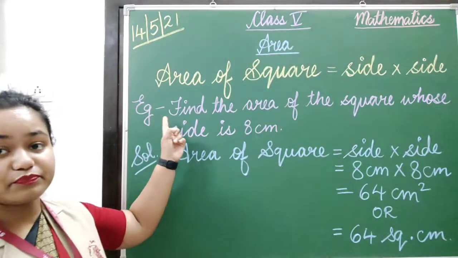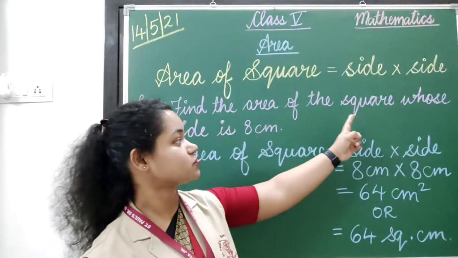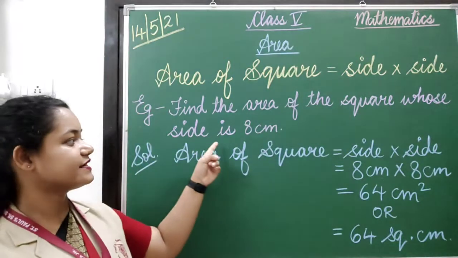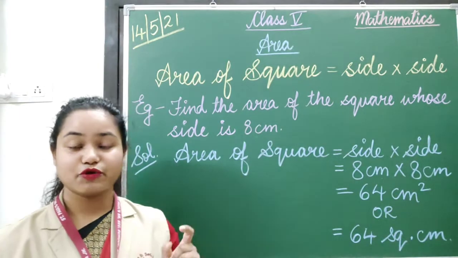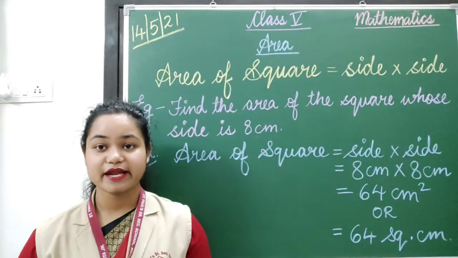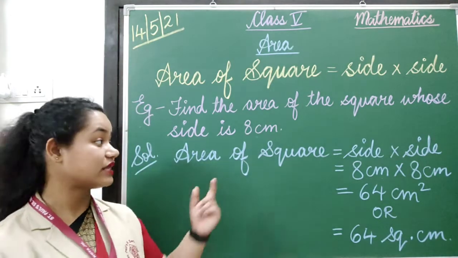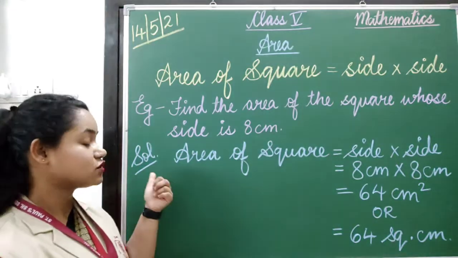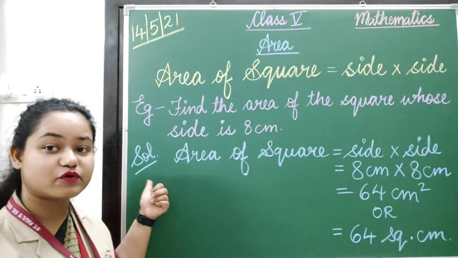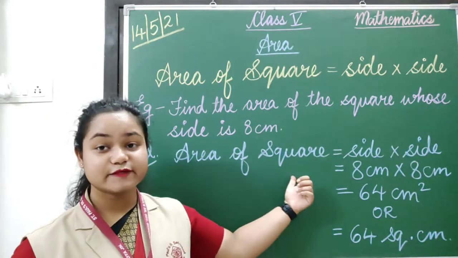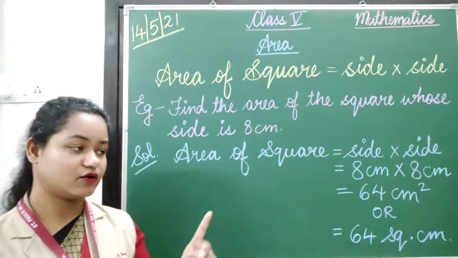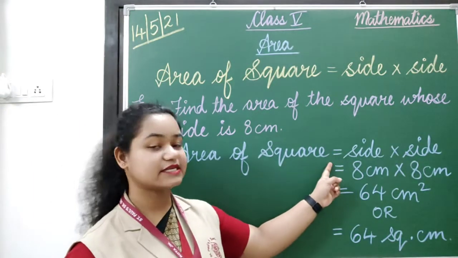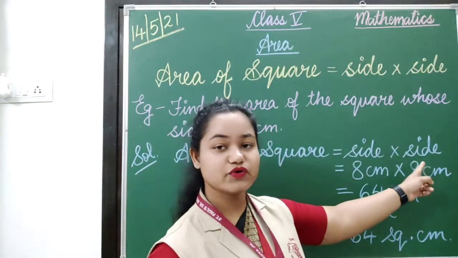So let us see this example again. Find the area of the square whose side is 8 centimeters. You have to find the area of a square in which one side is given, which is 8 centimeters. Okay, so for solution, you have to write the area of square in the first line. Okay, area of square is equals to side into side.